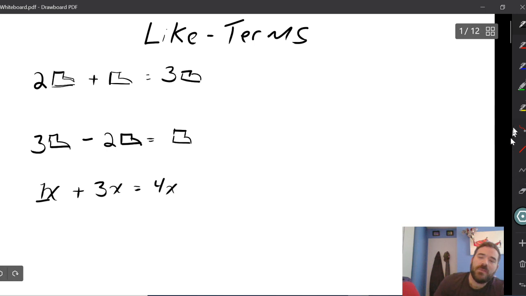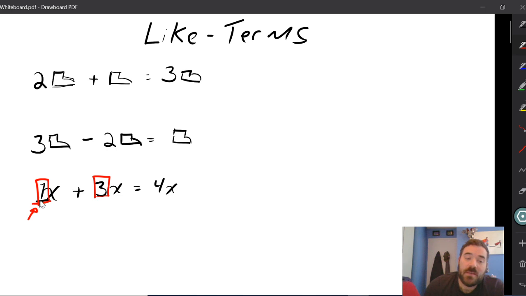So we use variables to represent things that we just don't know what the number of that thing is yet. So when I'm adding variables, so when I'm adding like terms, and we'll discuss what a like term is shortly, but when I'm adding like terms, I'm really just adding the coefficient in front of the variable. And a coefficient is the number that we find in front of the variable, or in other words, the number that's being multiplied by the variable.